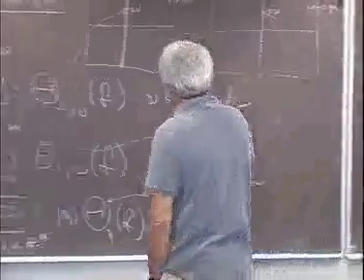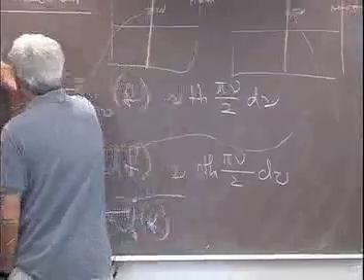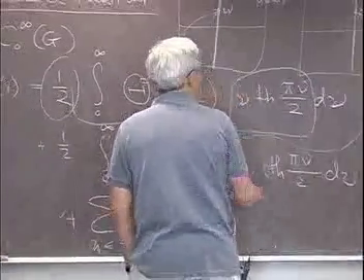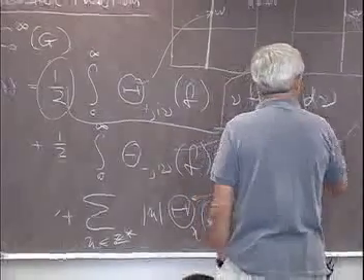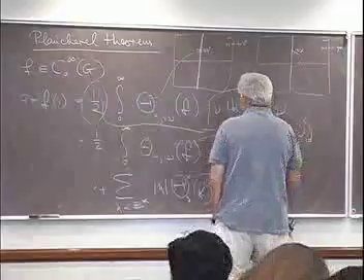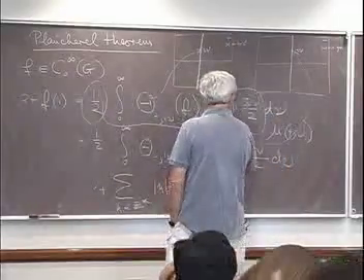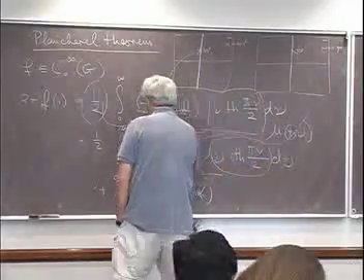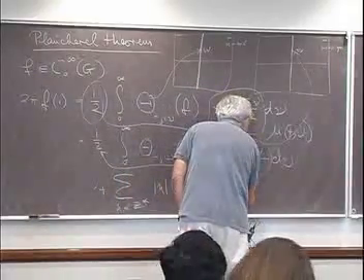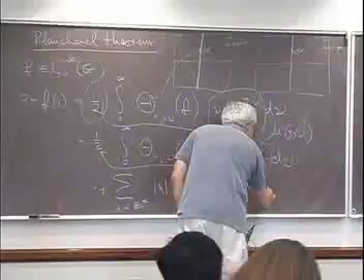Okay, these functions which appear in the formula are the so-called Plancherel measure. This is mu plus of ni, and this is mu minus of ni.